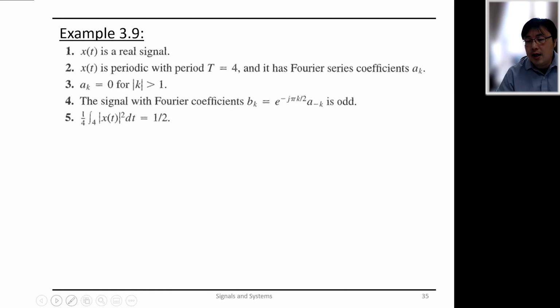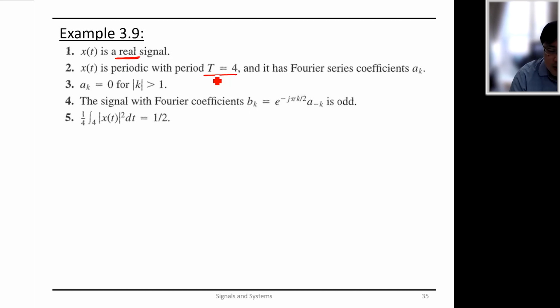Now, in this last example, we want to show that, just by specifying certain properties of this continuous time periodic signal, we often can evaluate or find this signal explicitly. Okay. So here we're looking at the case where we are given 5 properties of this signal. Right? First of all, the signal is real. Okay.